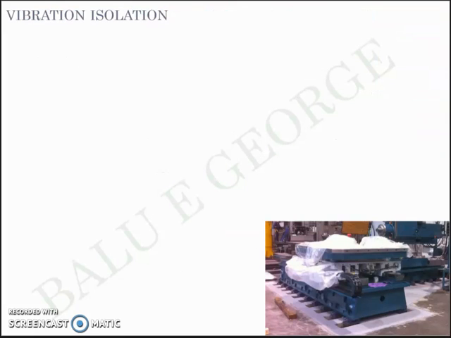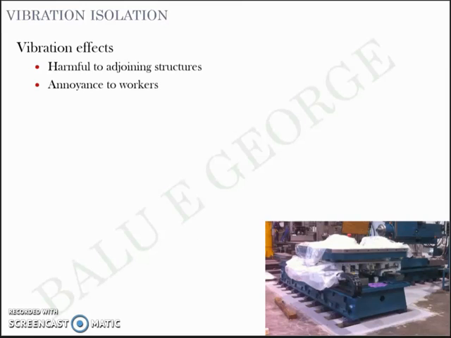Now we'll move to vibration isolation. Isolating the vibration is quite important because vibration of any foundation is harmful to the adjoining structures and it causes annoyance to the workers. Now, you can categorize vibration isolation into two: active or passive.